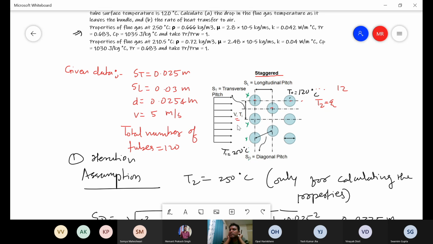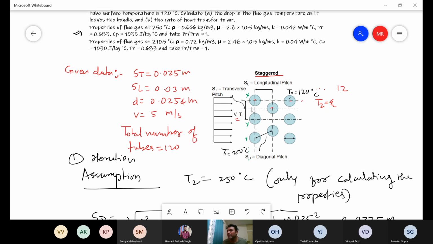The length of each tube is 1 meter, that is what has been given. So we can easily find out the cross sectional area for the flow. Here there are 10 transverse rows. And when we say 10, some area is also at the top because it's a zigzag arrangement.